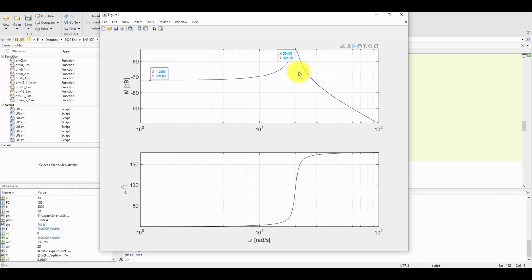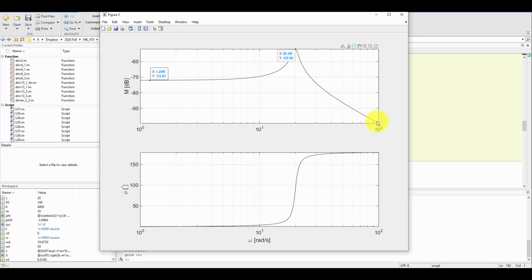So we have a spike in magnitude, like we expect for a 1 degree of freedom system, like we saw in system dynamics: the output amplitude gets very large at or near the natural frequency or damped frequency. Exactly where that peak is depends on how much damping we have, or the damping ratio. But for low damping, like we see here, where it's only 1/20, the peak is very close to that natural frequency of 20.